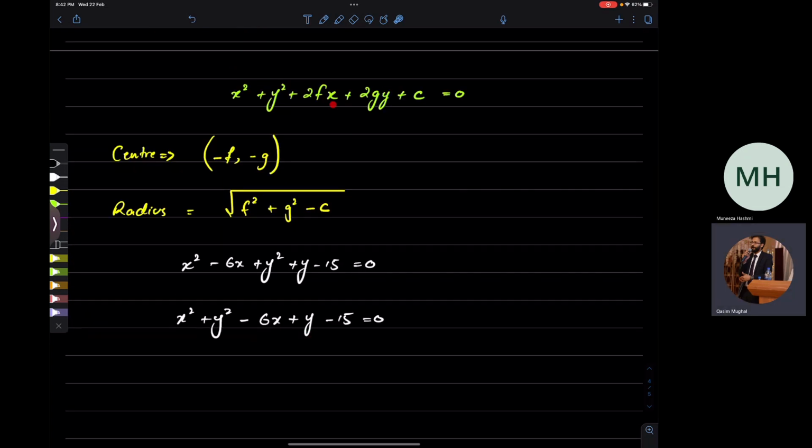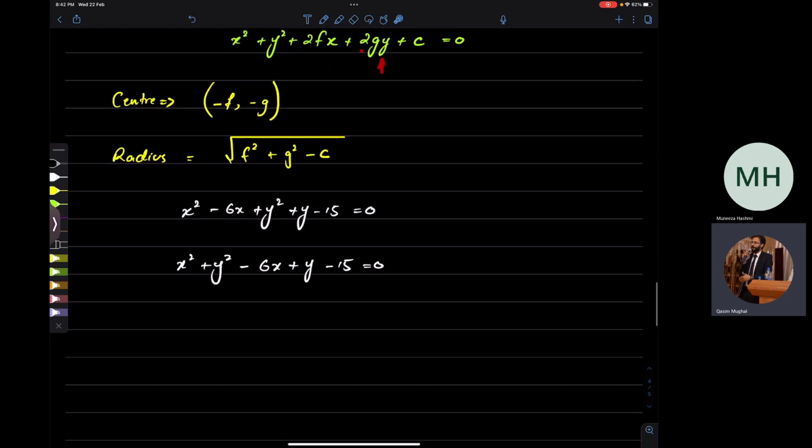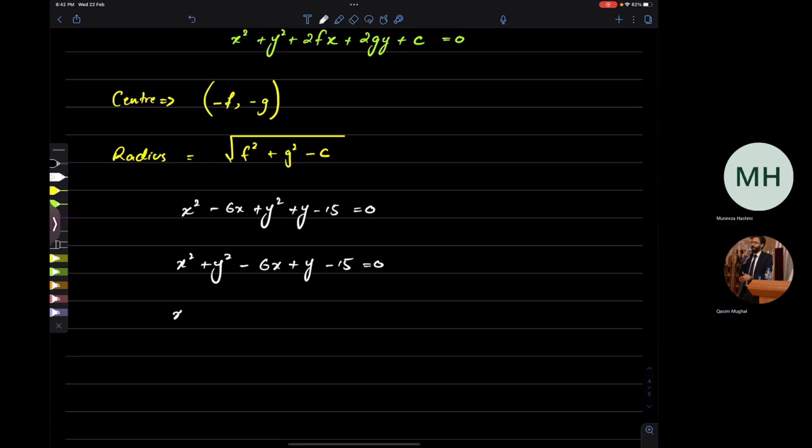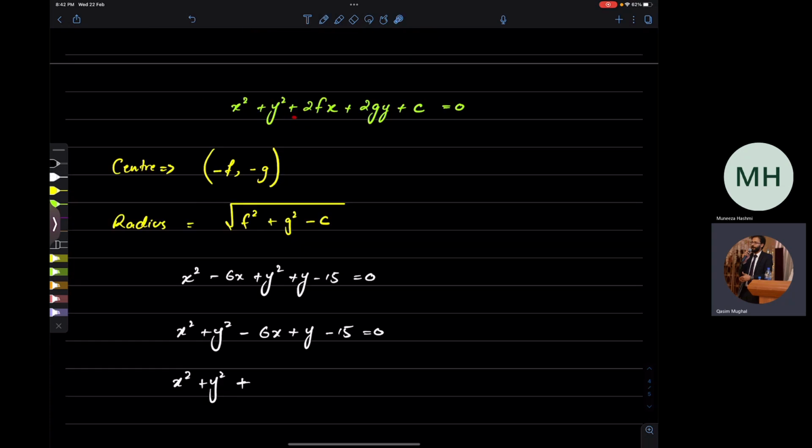As you can see, the linear term of x has a factor of 2 in it, and the linear term of y also has a factor of 2 in it. So I'm going to do x squared plus y squared. I can write down 6 as, okay, now all the terms are positive here.